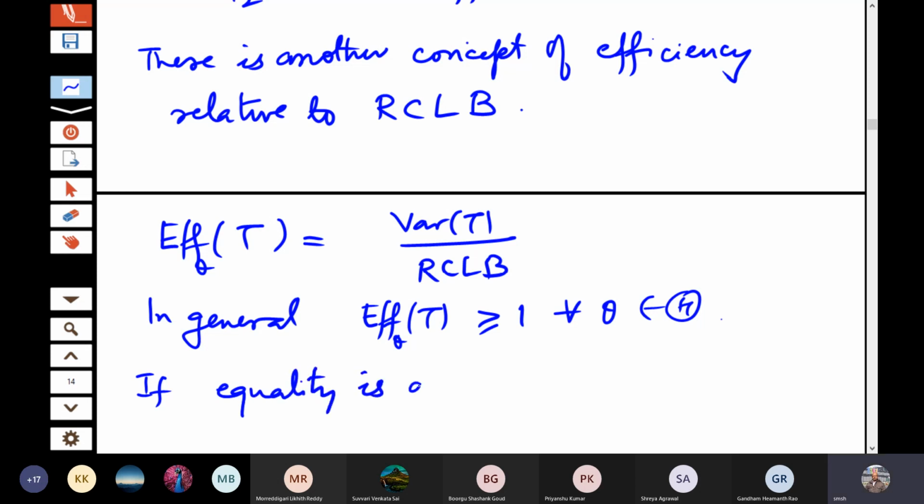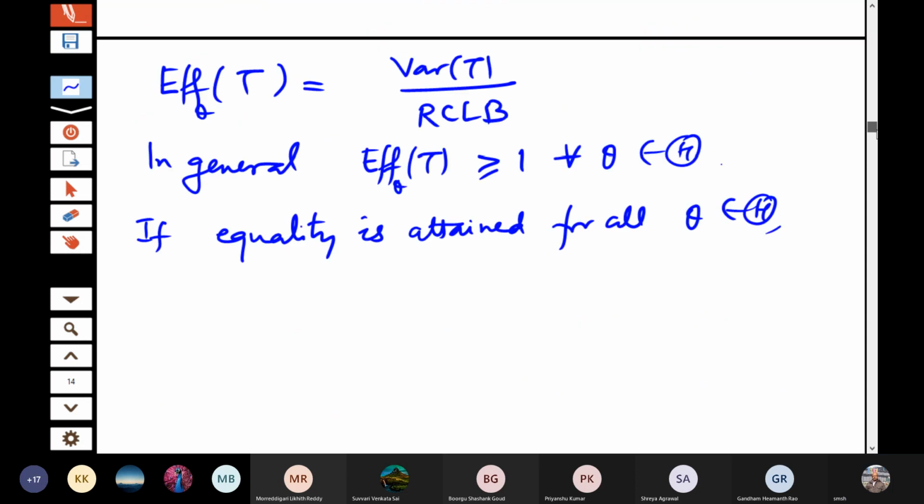If equality is attained for all theta, then T is UMVUE. Okay. What happens is that many times we will not be able to actually attain this, but in the limit it can be achieved.